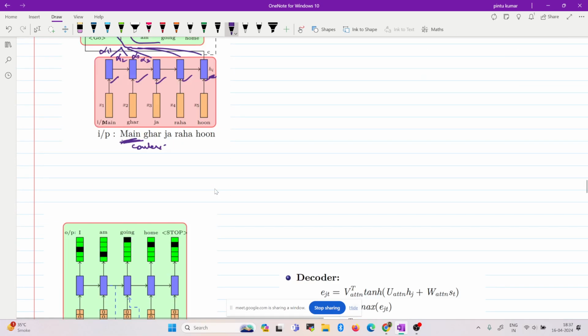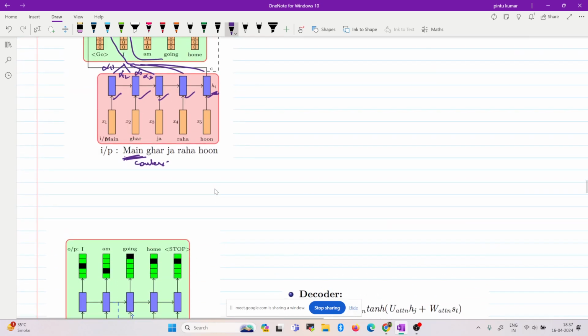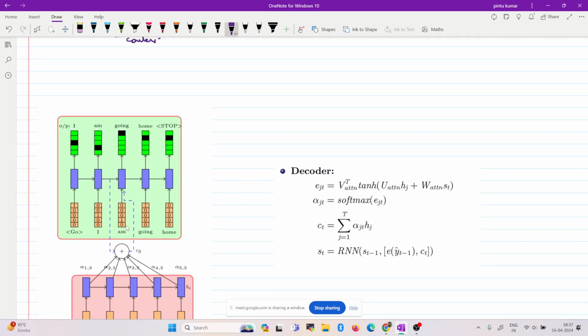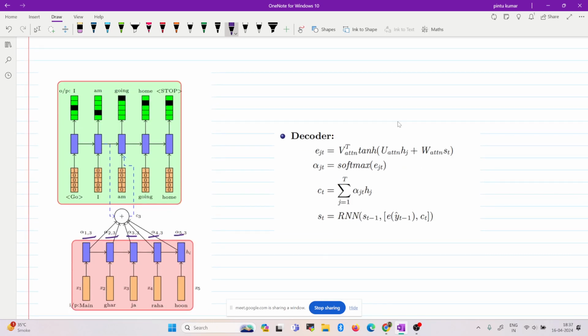Okay, so how do we achieve this, that we want different weights? We model this via something known as the attention mechanism. So we will try to define these weights.